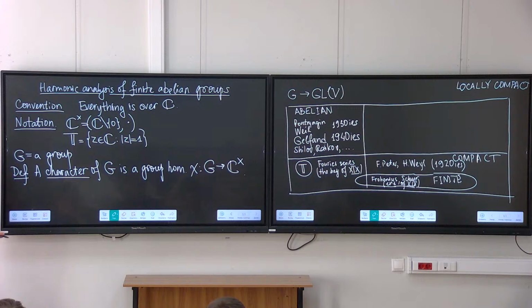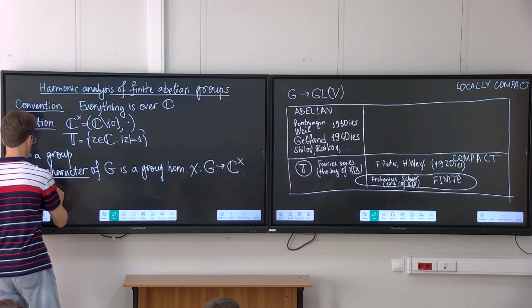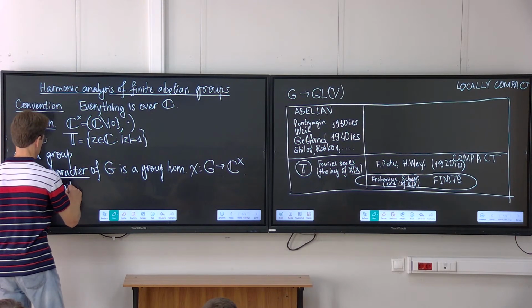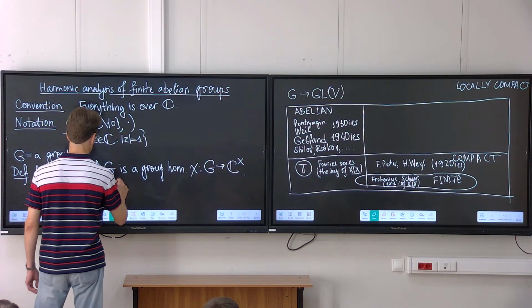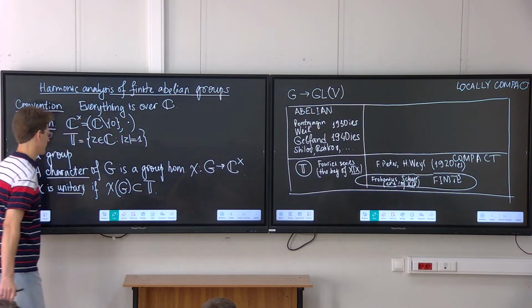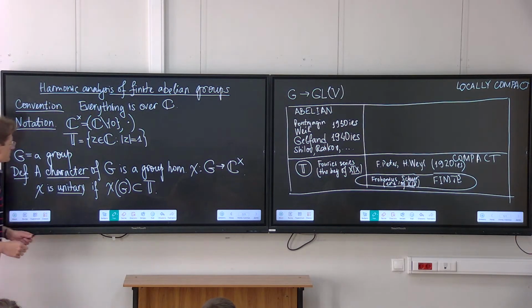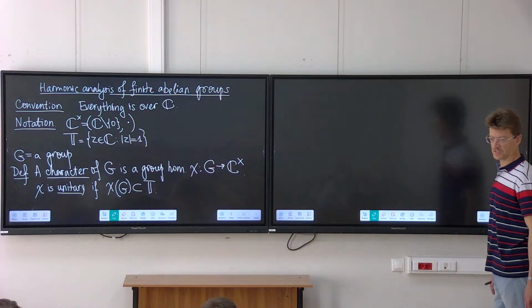An important special case is the case of a unitary character. We say that this character chi is unitary if it takes G to the circle. We are mostly interested in unitary characters.